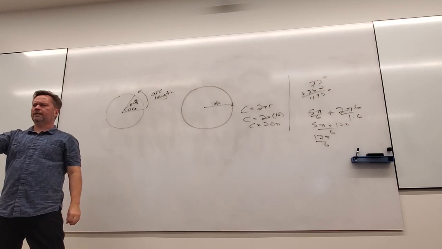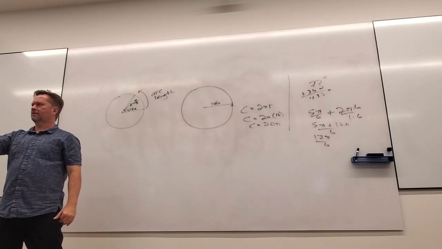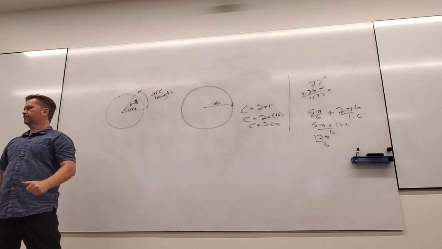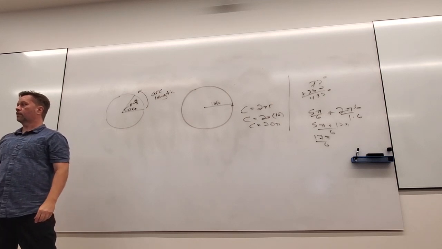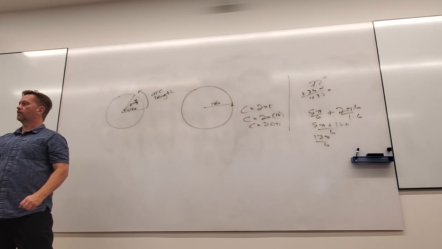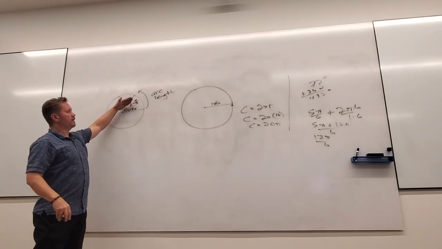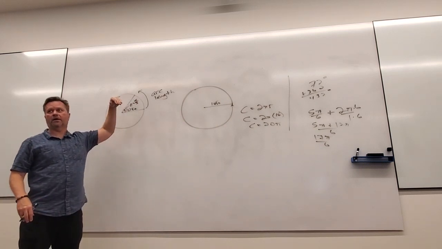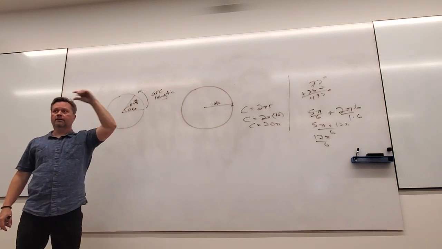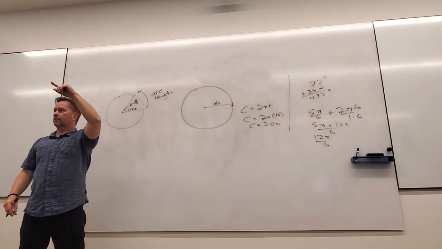Why would it be 1/6? Because the reference angle of pi over 3 refers to 60 degrees, and 60 times 6 is 360. 6 of these, 6 pi over 3's makes what? What's 6 times pi over 3? 2 pi.